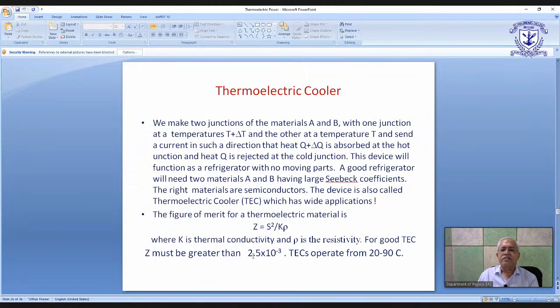but they have their own advantages, because when you make an electronic box, you don't want to have a very large refrigerant system. So thermoelectric coolers are ideal for electronic devices or electronic boxes where certain electronic components have to be maintained at a certain cold temperature. One typical example is a laser diode.